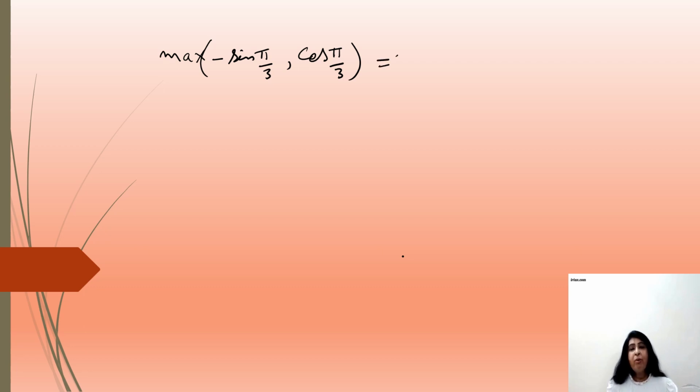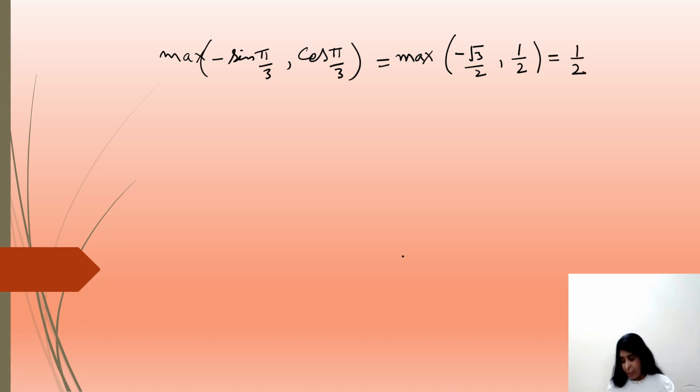So this is equal to the maximum of minus root 3 by 2, since sine pi by 3 is root 3 by 2, and cos pi by 3 is 1 by 2. So the maximum of these two is 1 by 2.